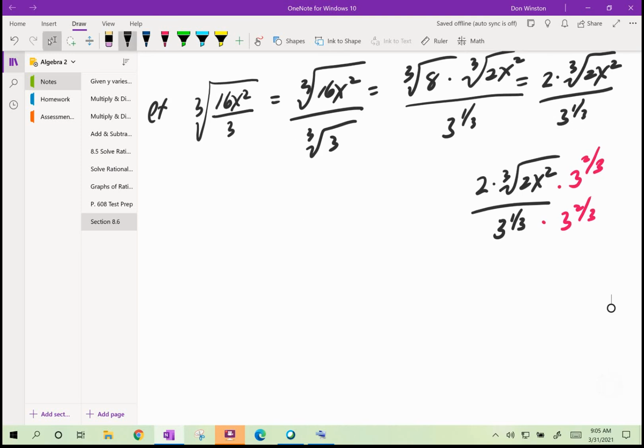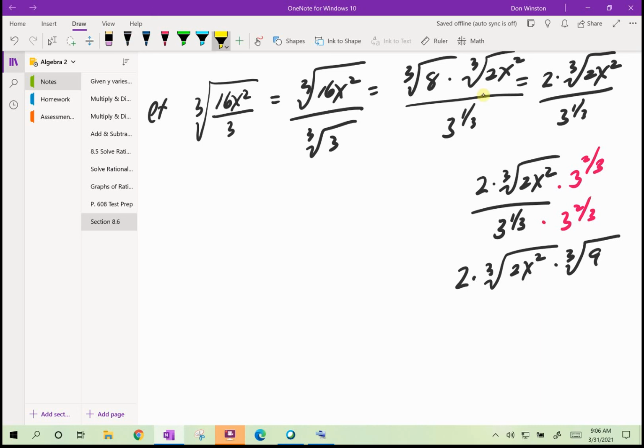Okay, so what will that give me? That will give me 2 times the cube root of 2x squared times the cube root of 3 squared, which is 9.